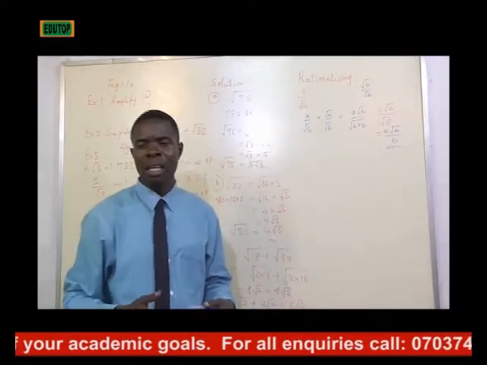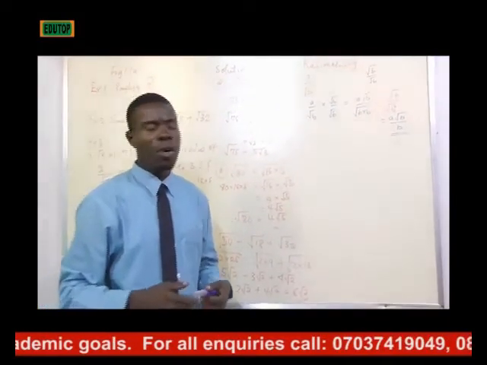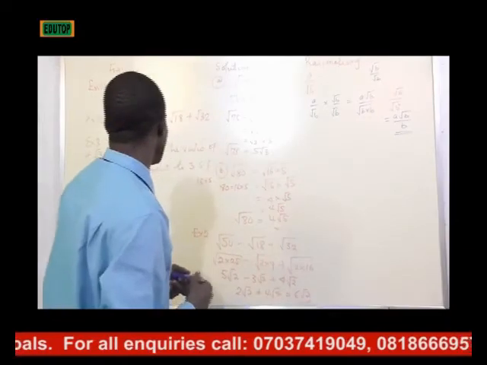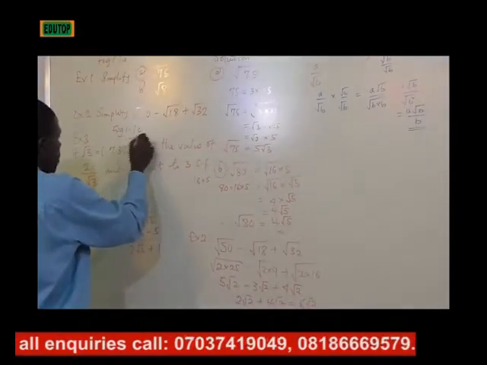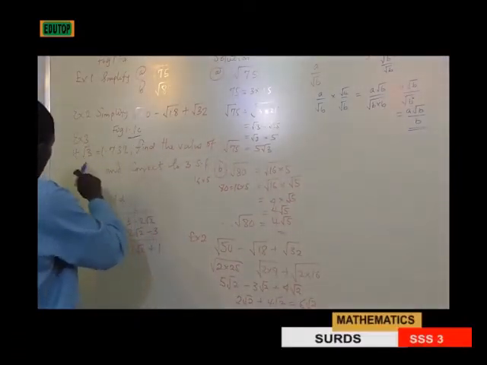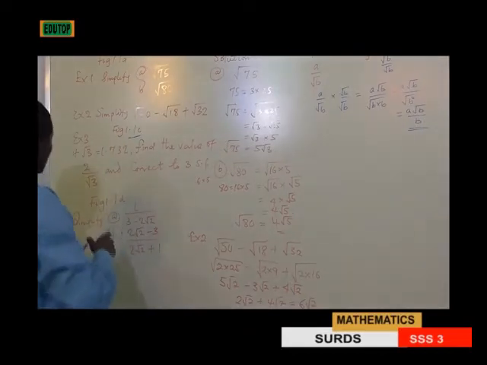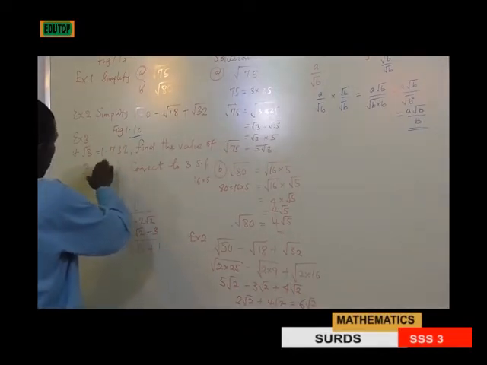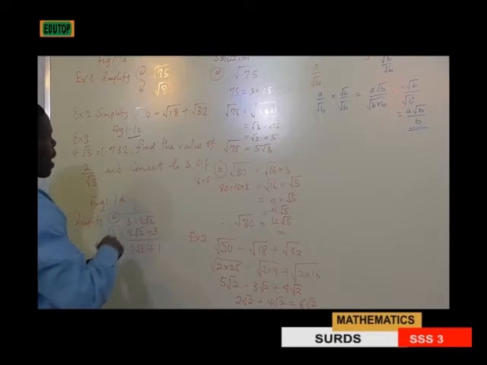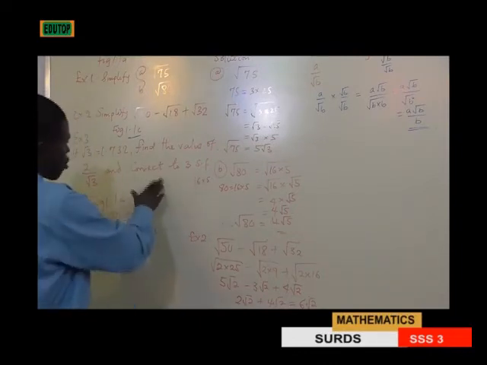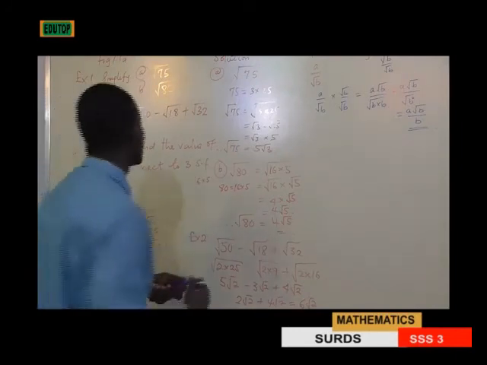Here, example 3 is shown in figure 1.1c. Look at figure 1.1c on the board. Example 3 is telling us that if root 3 is 1.732, find the value of 2 over root 3 correct to 3 significant figures.